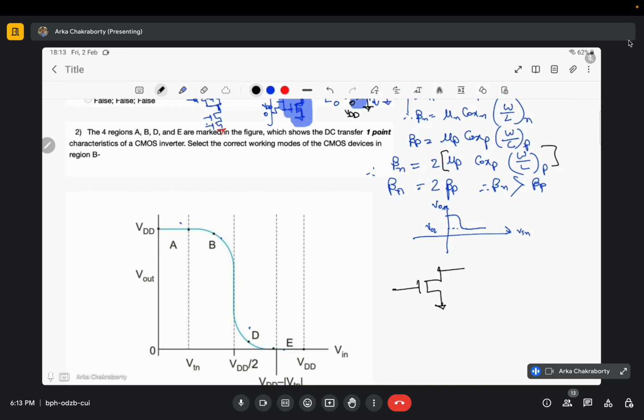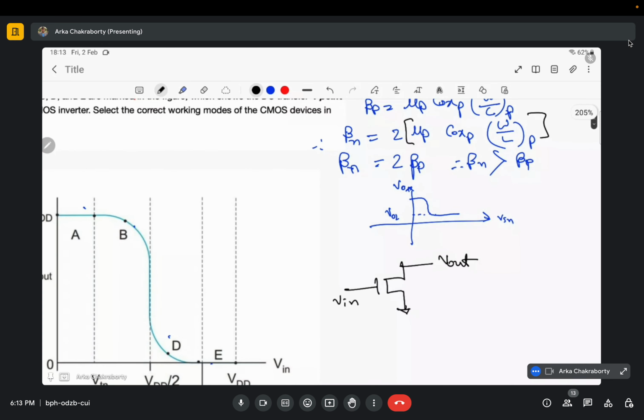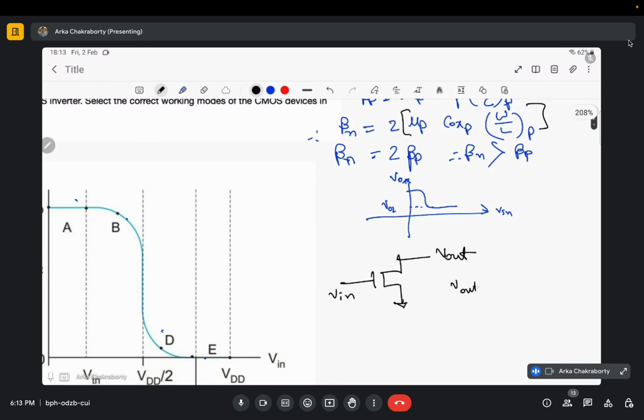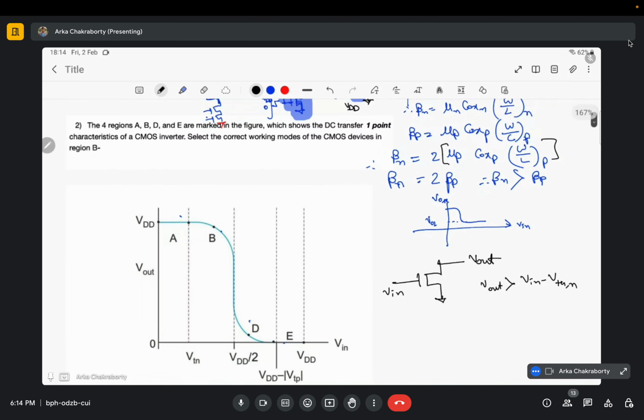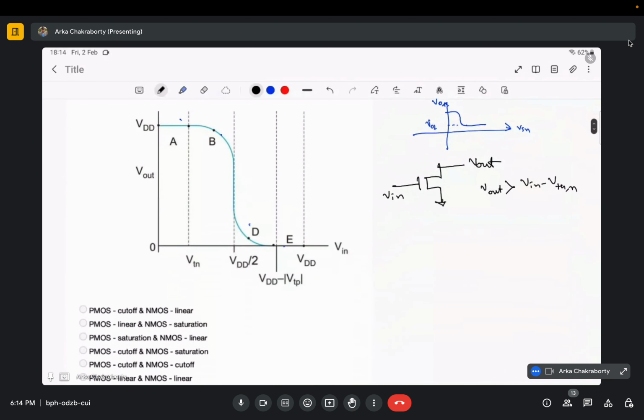Let me call this V output and this V input. It is only given that V output is greater than V input minus V threshold of NMOS, right?